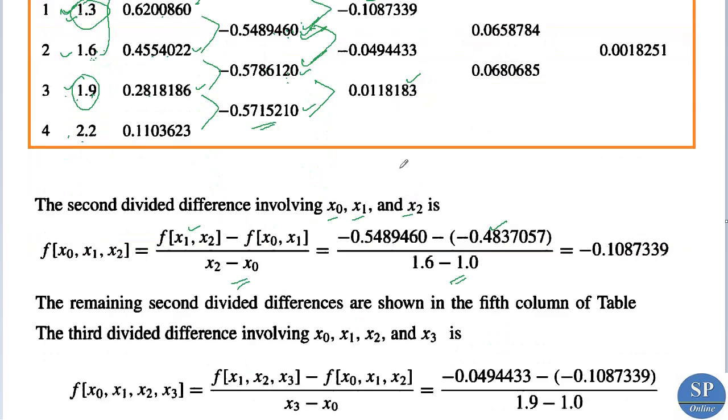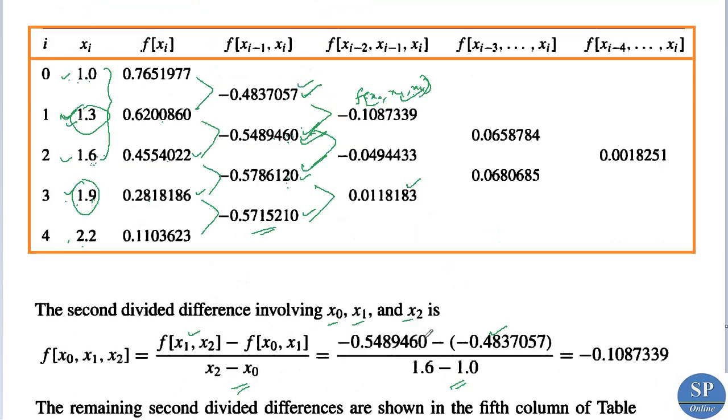Now the third divided difference involving x0, x1, x2 and x3, that is involving these four. The third divided difference involving these four values is obtained by using these two. Okay, this minus this divided by 1.9 minus 1.0, that will be this.